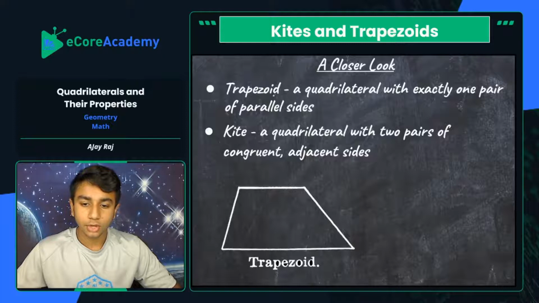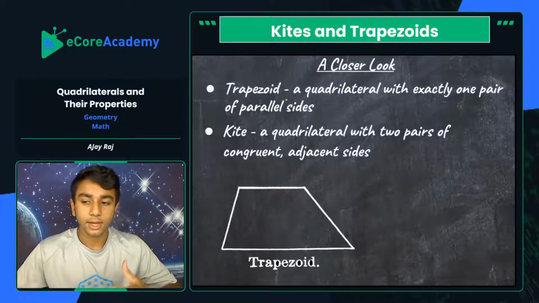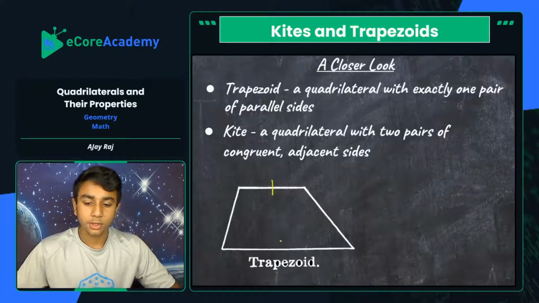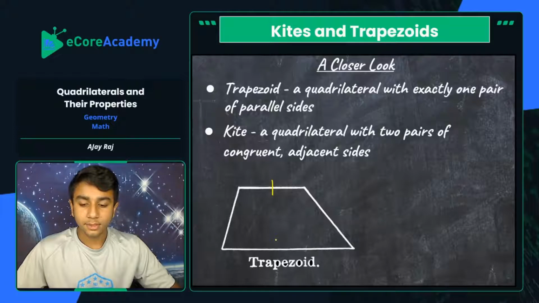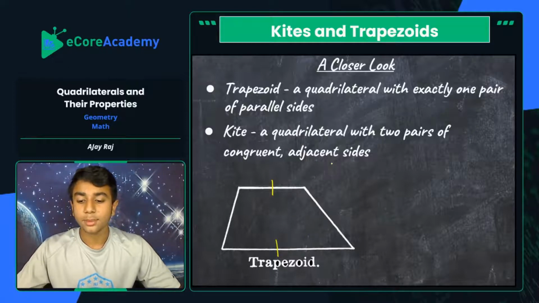Judging by the definition of a trapezoid, we can see that it's classified by 1 pair of parallel sides, and as you can tell, these 2 sides are parallel. I have mentioned before the bases and legs of a trapezoid, but yes, these two sides will be parallel sides. And your parallel sides of trapezoids are going to be the bases, so I'll mention that later as well.